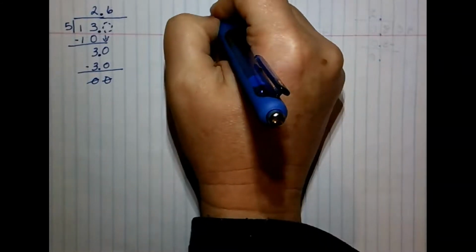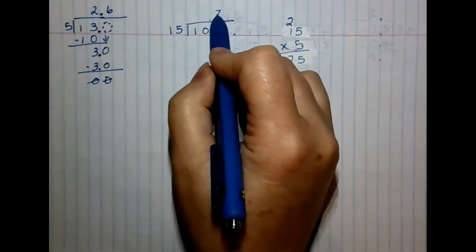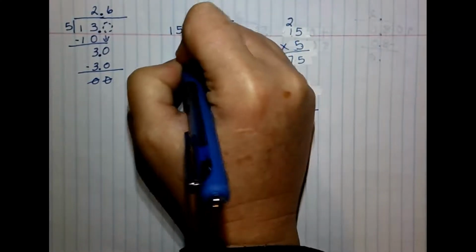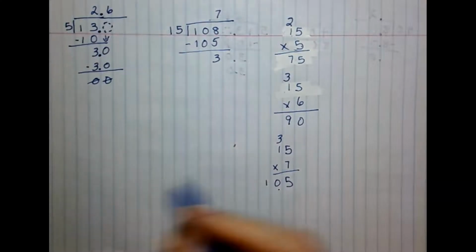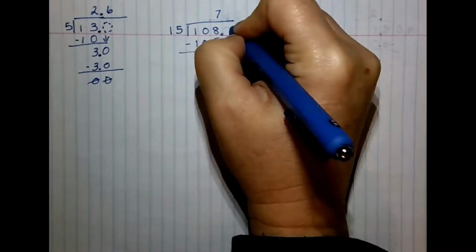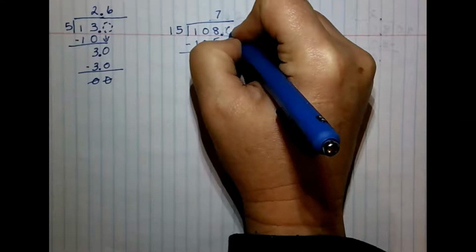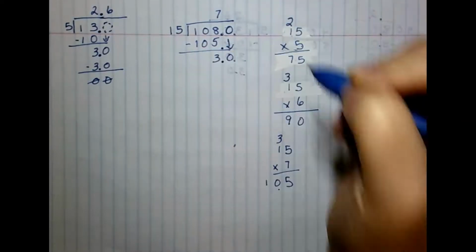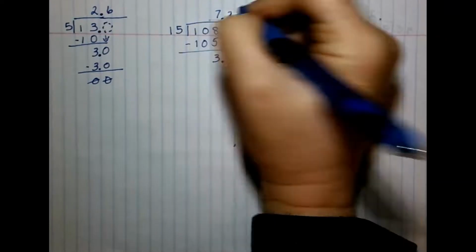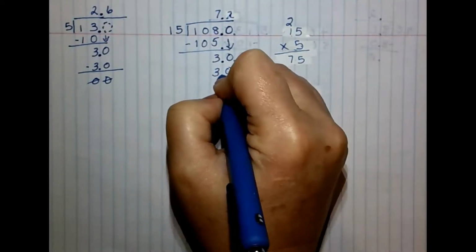So 7 would be my answer for this part. 7 times 15, I've already done the math, and subtract. And there's 3 left over. But with decimals, we do not use remainders. And so I need to make my decimal visible and bring down that invisible 0 as well. And I know that 15 times 2 is 30. So 15 times 2 tenths would be 30 tenths.